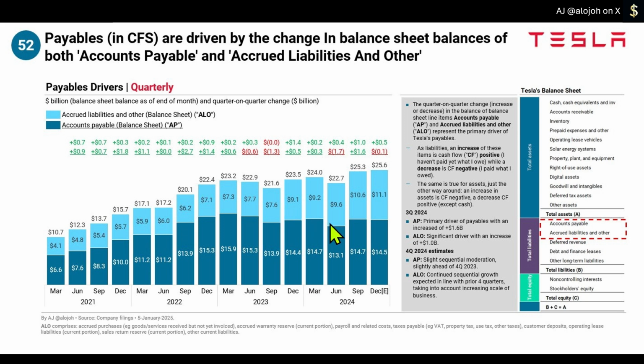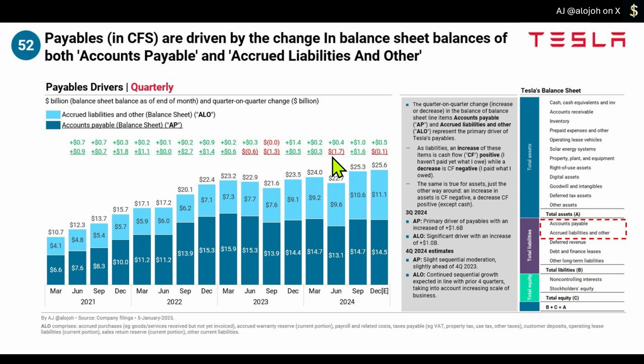This is basically a permanent cash flow positive, because this is a liability that's growing, and a growing liability is in most cases a cash flow positive. And this is why the payables definition in Tesla's cash flow statement has an upward bias. Even if Tesla keeps paying their suppliers completely constant, payables still goes up.